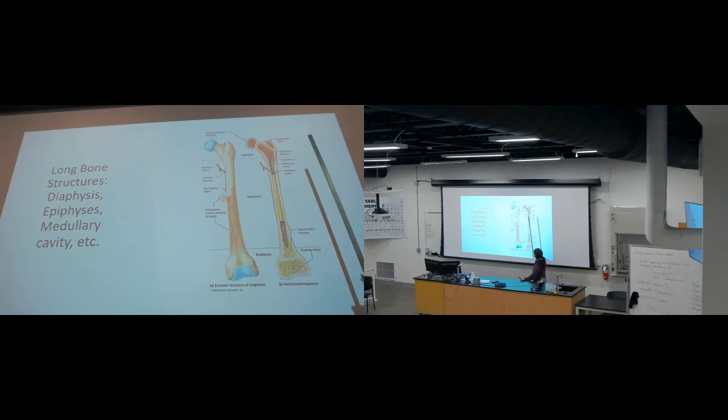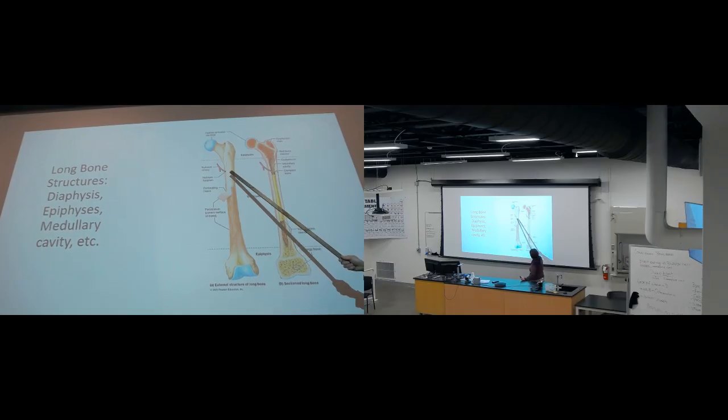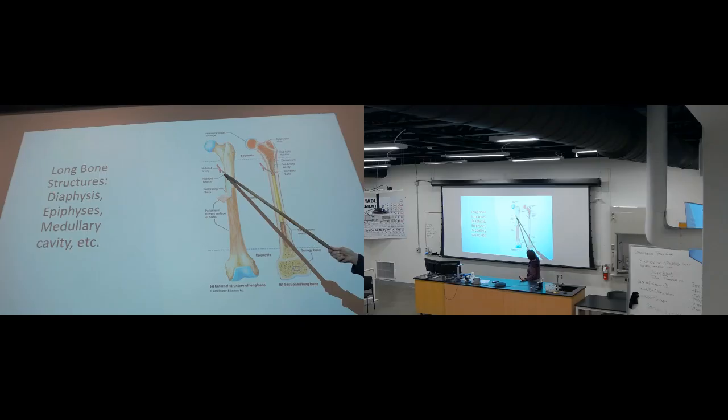So this is the proximal epiphysis, this is the distal epiphysis. Actually, this bone is the femur. And if you see here, in the upper part of this diaphysis, we have a nutrient artery. This is a blood vessel that is going to provide blood supply to the bone and enters here into the nutrient foramen.